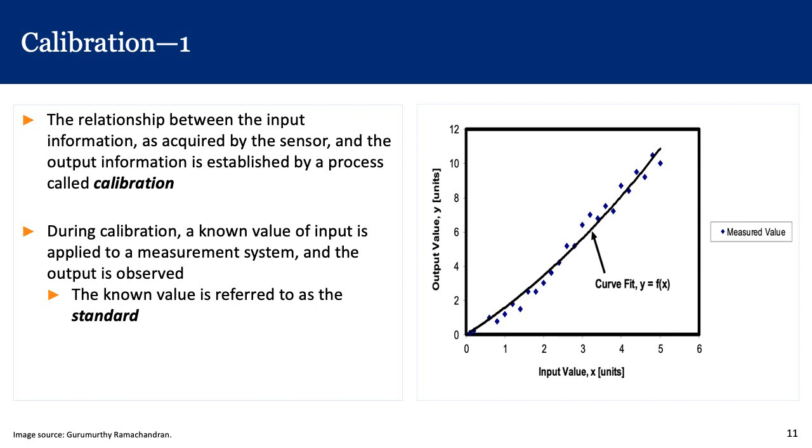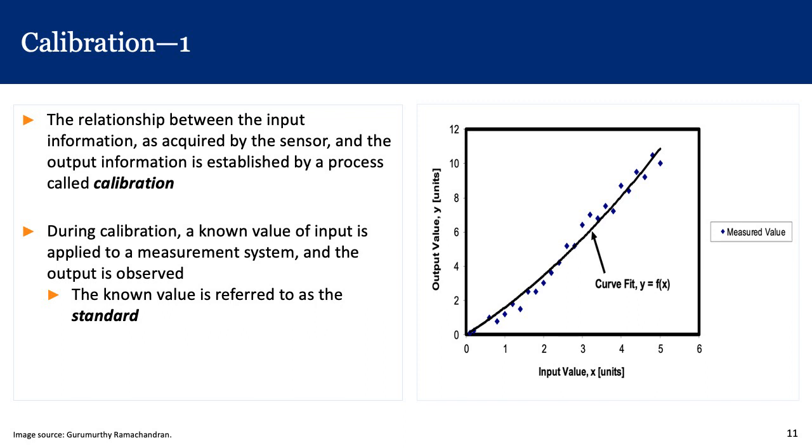On the right-hand side, you see what is called a calibration curve, which shows the relationship between the input value and the output value. The input value is the known airflow rate, and the output value is the inches or centimeters that the float traveled. For 5 liters per minute input, we find that the float traveled around 10 centimeters.